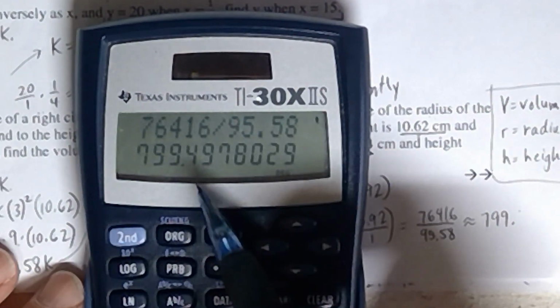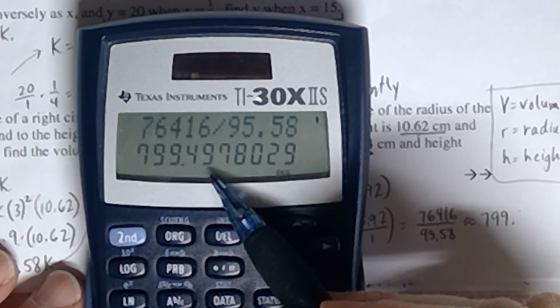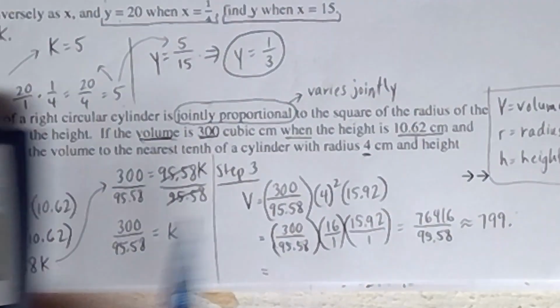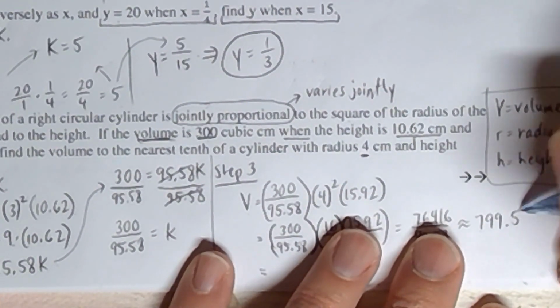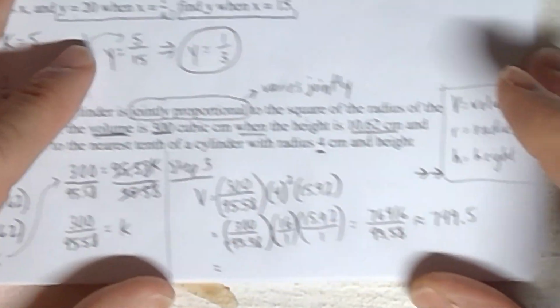And so yes, it's going to round up to 5 there, because the next digit is bigger than 5, so the 4 rounds up. And so 799.5.